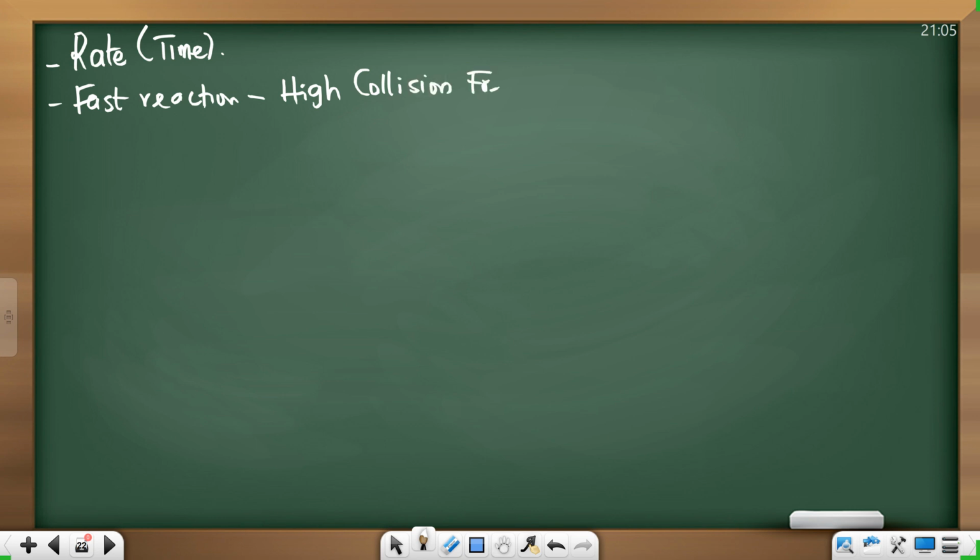I'm using the word frequency now. Frequency simply means number. A high collision frequency. So what do I mean? I mean the number of collisions per unit time must be more.